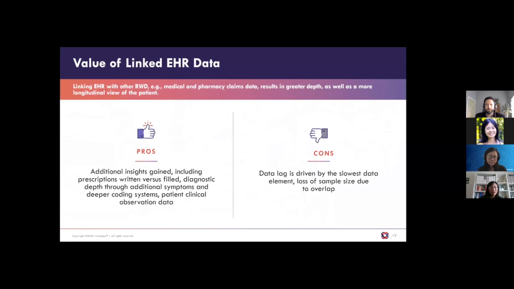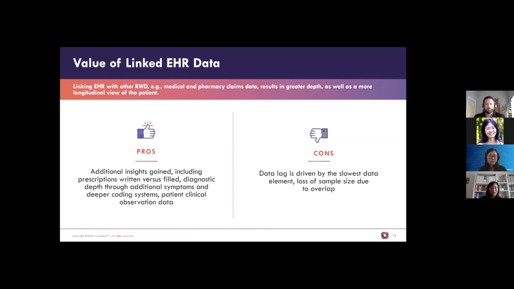So linking EHR and claims data has some obvious benefits, but it also has some clear drawbacks. On one hand, there are additional insights gained, including information about prescriptions written versus filled, the severity and nuances of diagnoses that you can gain from documented symptoms and deeper coding systems, as well as the opportunity to evaluate financial alongside clinical data.